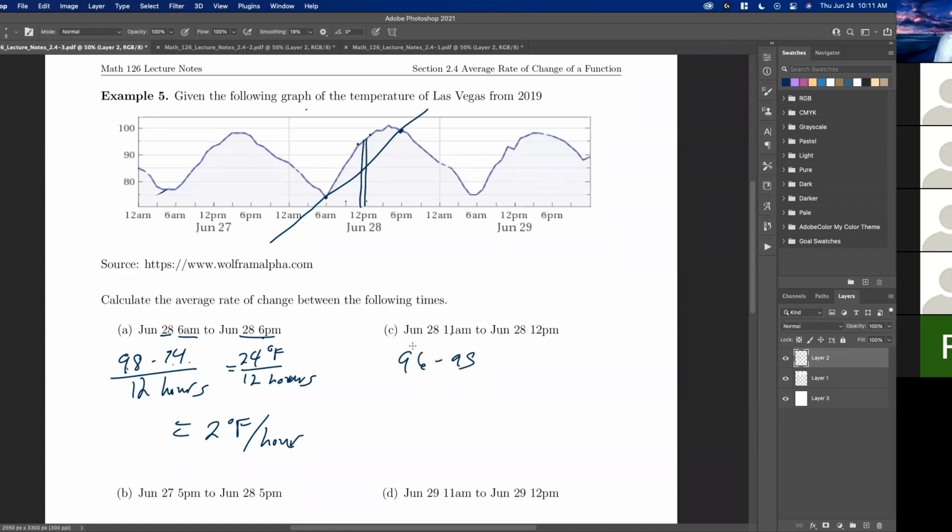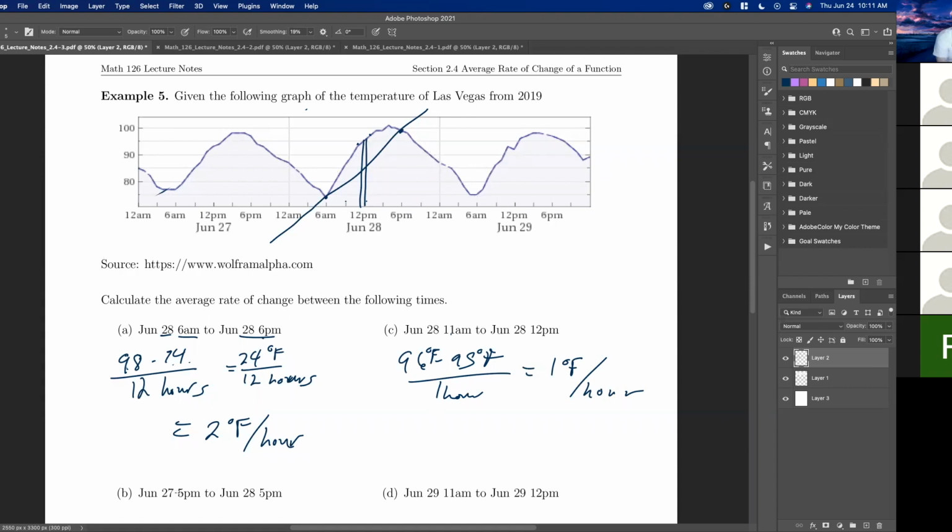This would be roughly 95 degrees. And these are estimates, of course. And here, the difference is 1 hour. So here we have about 1 degree F per hour. And so notice here, it's increasing quite a lot, and then it kind of levels out as we get towards the midday section, and then it decreases again.